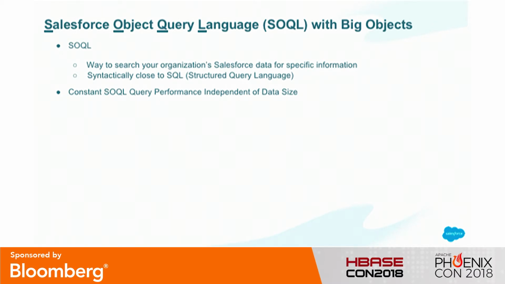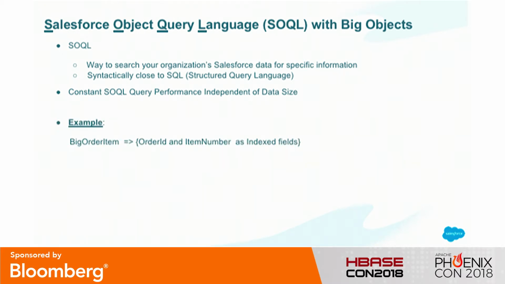However, because of that, we also have some limitations on the SOQL query flavors that can be executed on big objects today. As an example, if you have a select statement, you can only perform filter operations on indexed fields. However, you cannot perform select statements on non-indexed fields. Similarly, we do not support aggregate functions, group bys, having clause, to just name a couple.